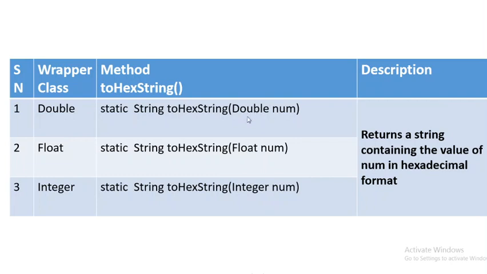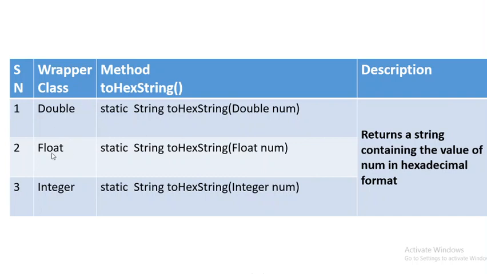Whatever number you provide over here will get converted into hexadecimal and that will be a string. So a double number is converted into hexadecimal and that will be a string.